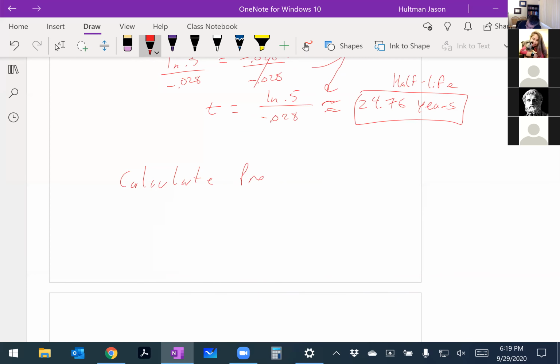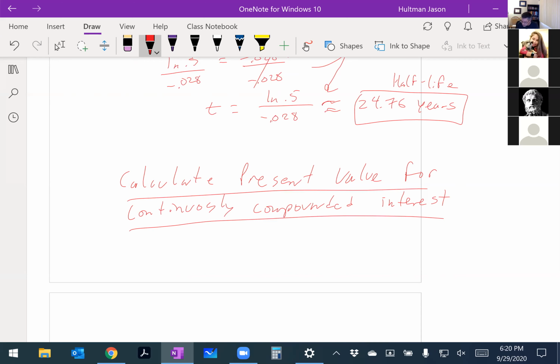Calculate present value for continuously compounded interest. Okay, so how do we find present value for continuously compounded interest? How are we going to do that?